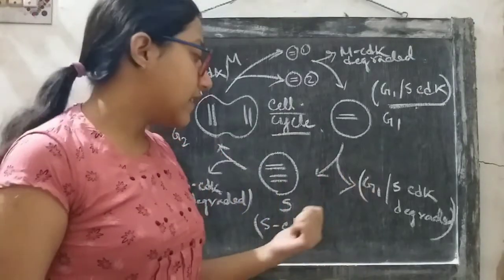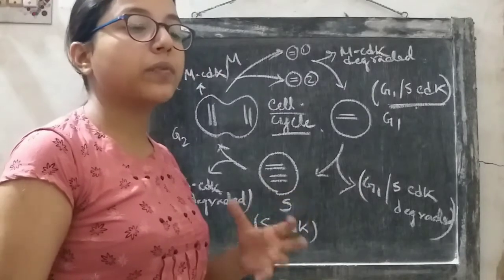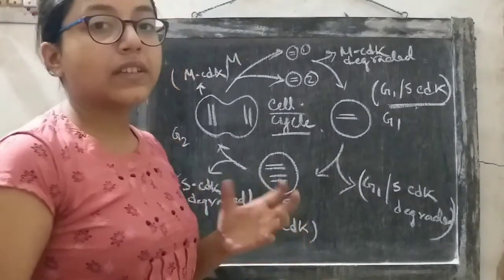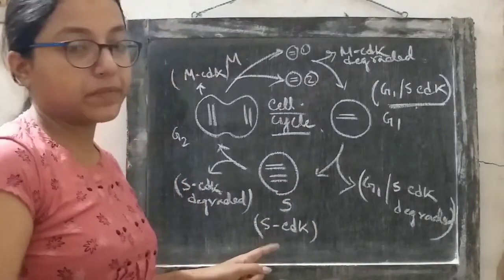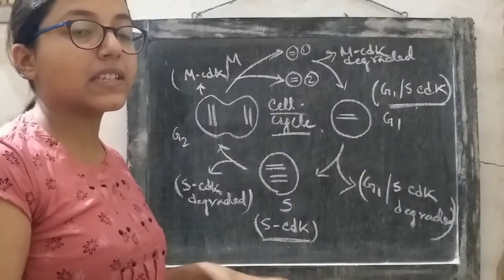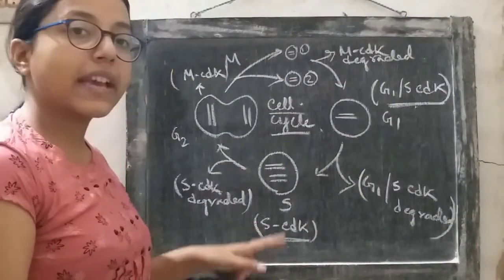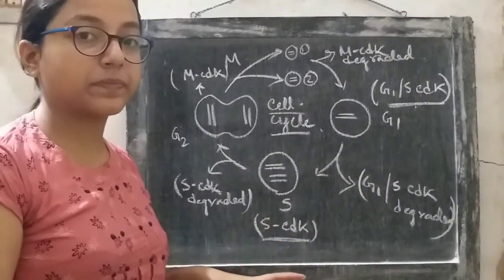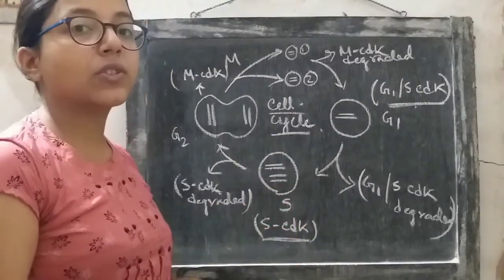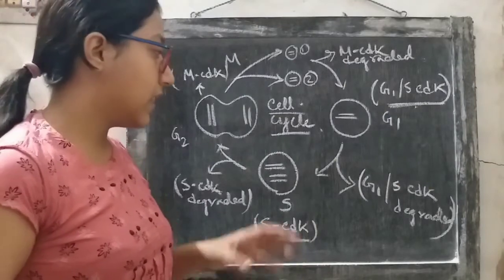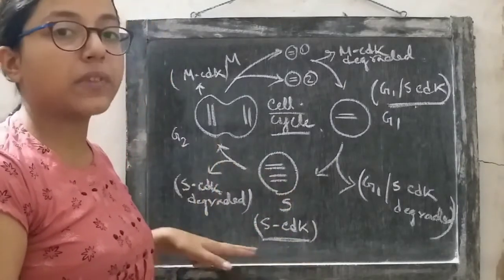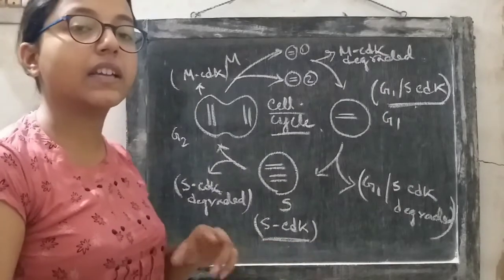Now the cell enters the S phase, and what type of CDKs are required in this phase? The name of the CDKs are SCDK. So when the cell is going through the S phase, these SCDKs will be synthesized. Their levels will go up, and after the completion of all the events of the S phase, the cell will progress through the G2 phase, and the function of this SCDK is over.